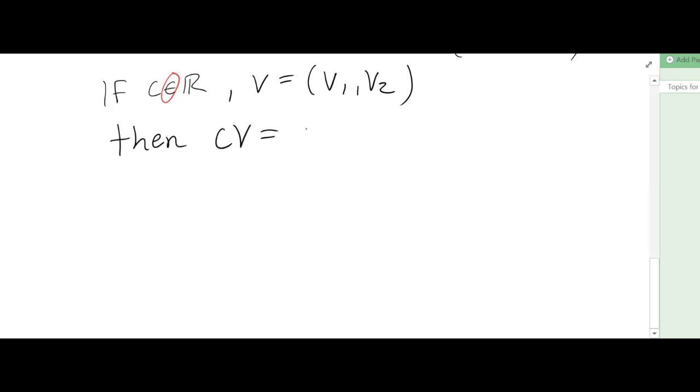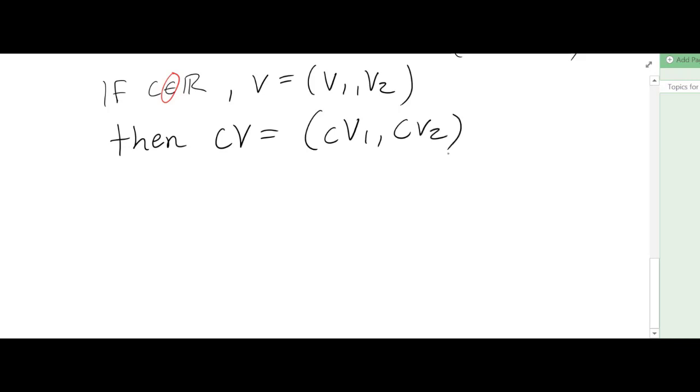So you can also multiply vectors by numbers. So if c is a real number, does everyone know what this symbol means? It means element of. So c is an element of the real numbers, and v is this vector v1, v2. Then cv is cv1, cv2. So you take the scalar and move it inside the vector.